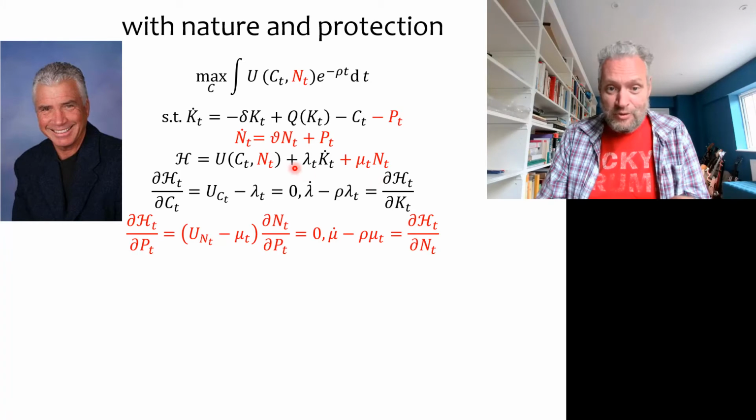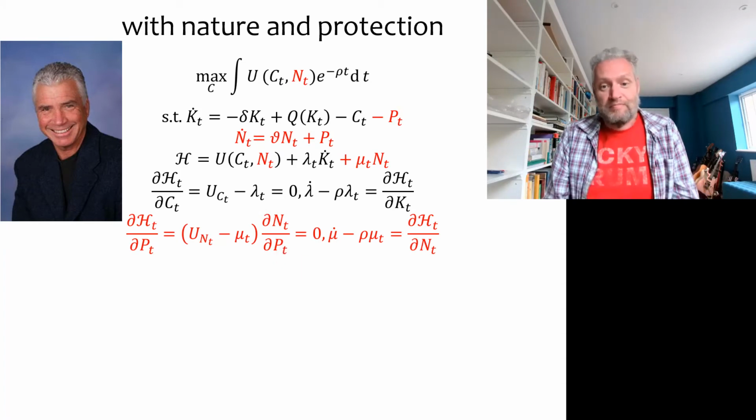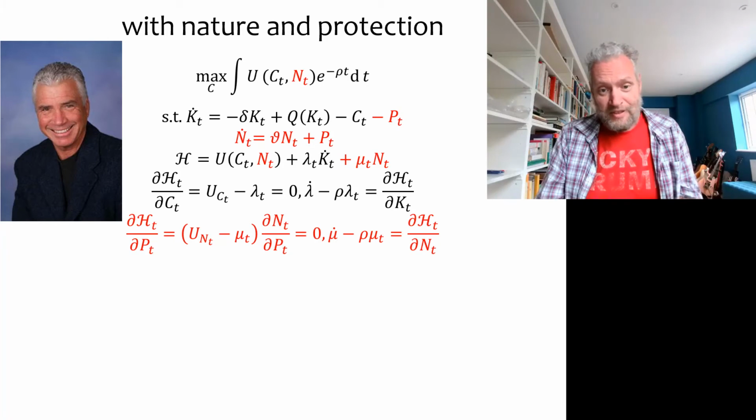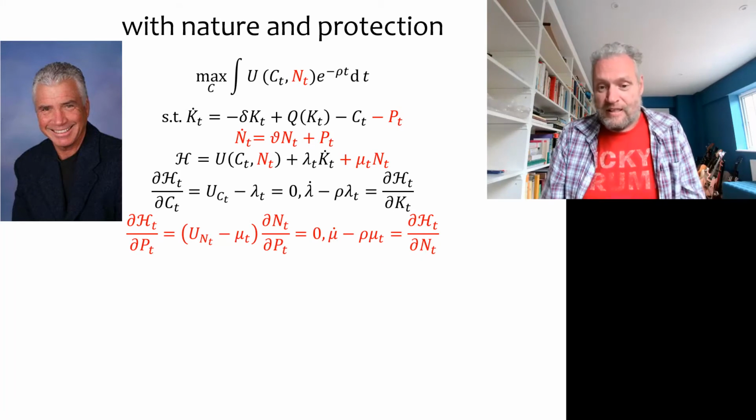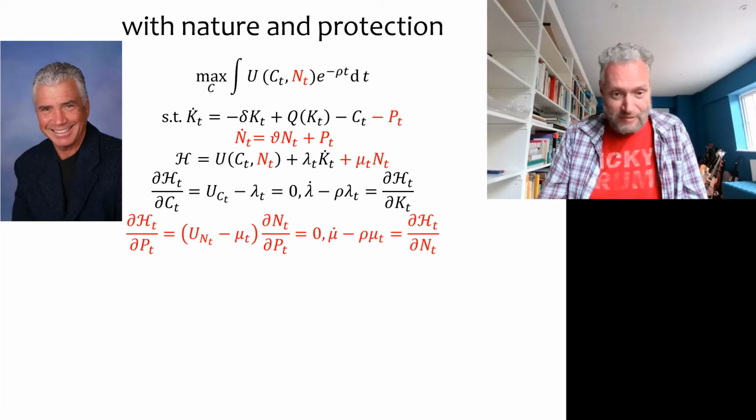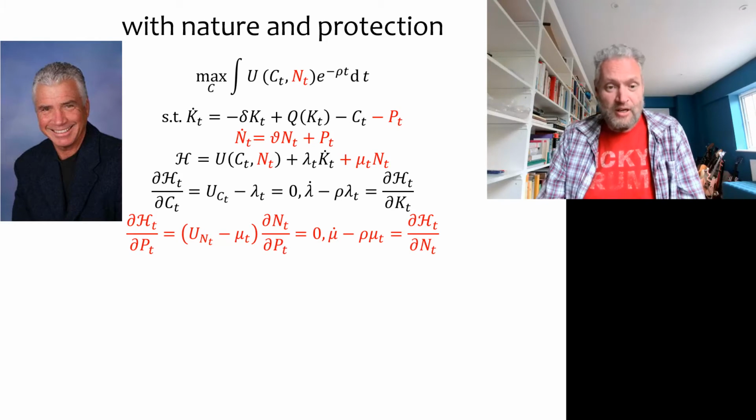What we need for this is also mu times the N dP, right? So we have this particular expression here that should equal 0. And then we have the dynamic condition as well that we're not going to use.